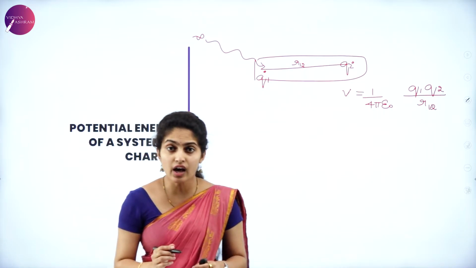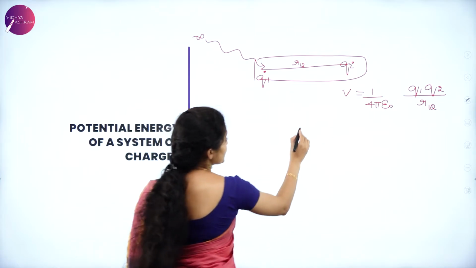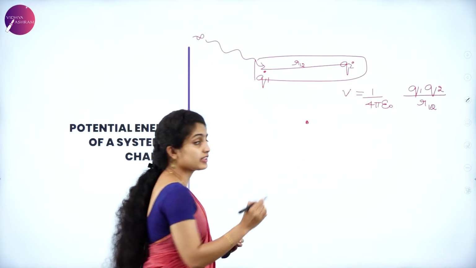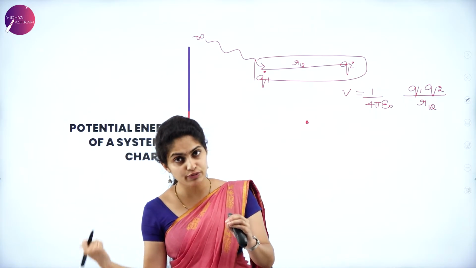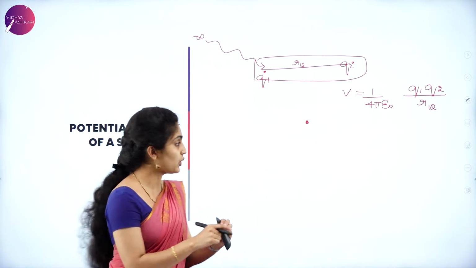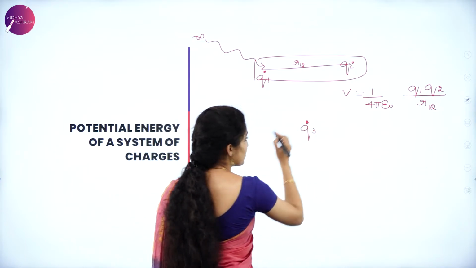Okay. So now when there is another charge, how is the existence of the other charge? That is, the charge is brought from some point at infinity to another point. So somewhere from infinity, charge Q3 is said to be brought.